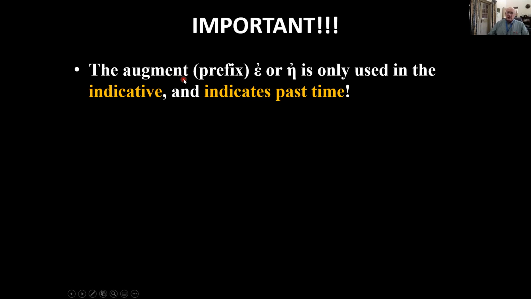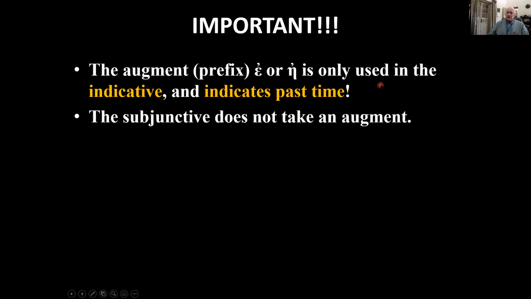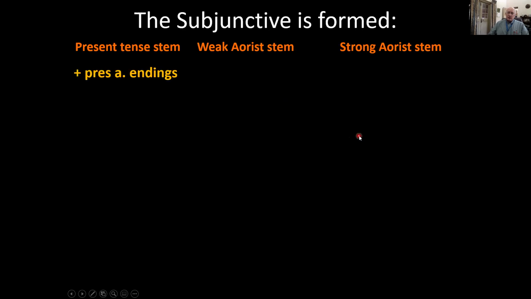We've noticed that already in looking at the textbook and comparing the present indicative with the aorist indicative and the aorist subjunctive, that the augment drops off when it's subjunctive. Make a note of it. Keep it in your minds. You need to learn this. The subjunctive mood does not take an augment.